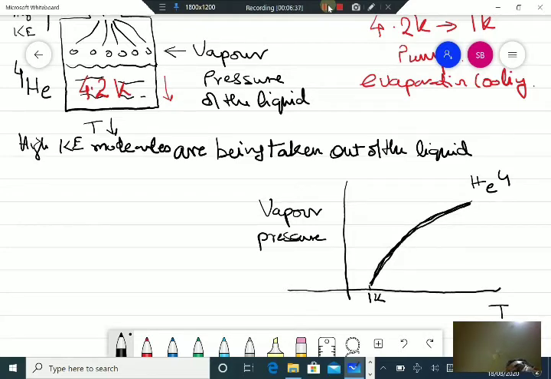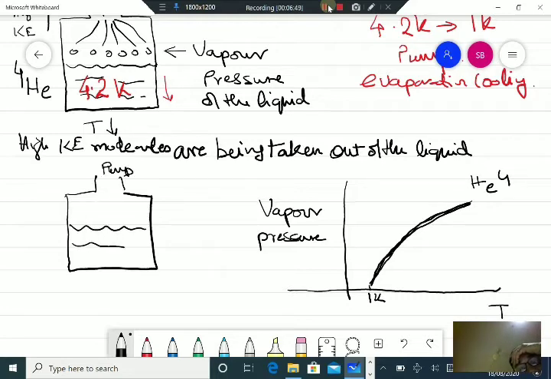So you can cool it down to about 1 Kelvin. So by pumping over helium-4, you can bring down the temperature of the liquid down to about 1 Kelvin. And then you can put your sample out here and you can bring this sample also to 1 Kelvin.